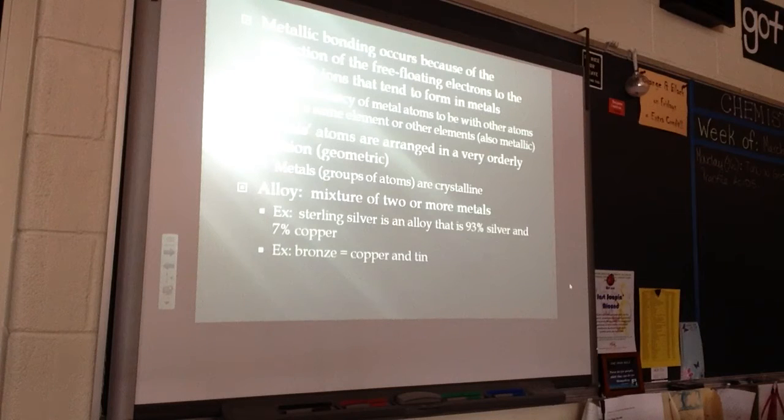Another example. Bronze. If the bell rings, you're not going anywhere. We're finishing these notes. Bronze is a mixture of copper and tin. What the ratio is, I'm not sure, but it's copper and tin. Steel, which we've actually talked about a couple times.